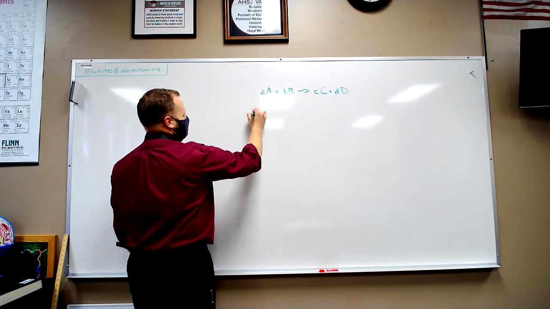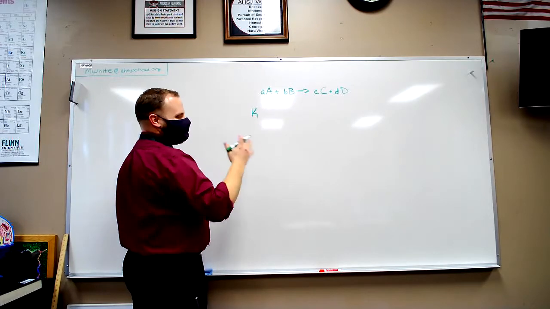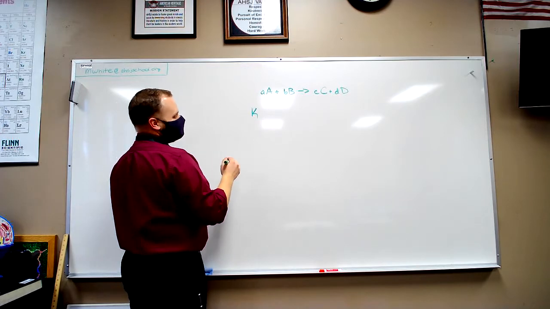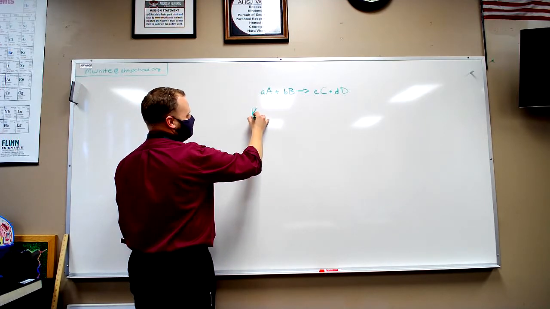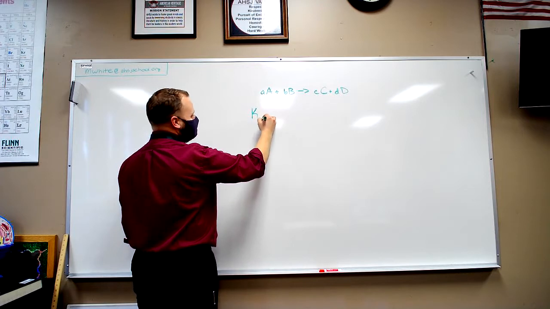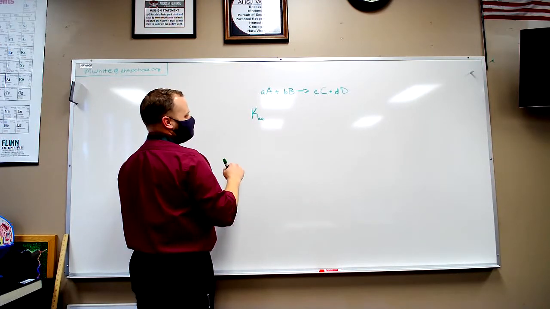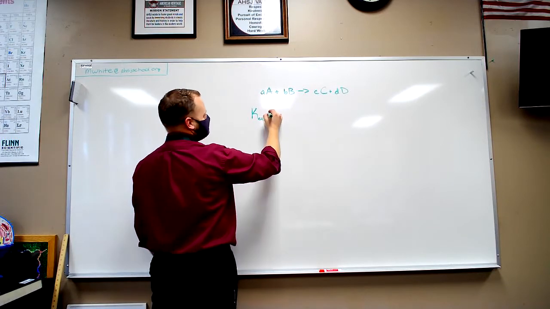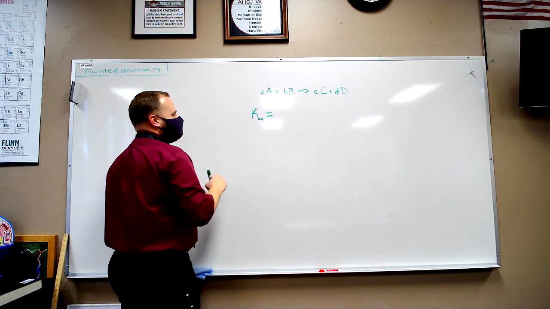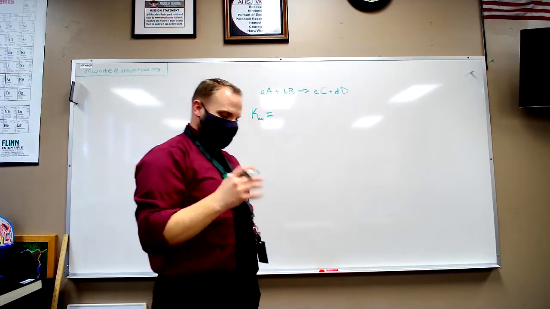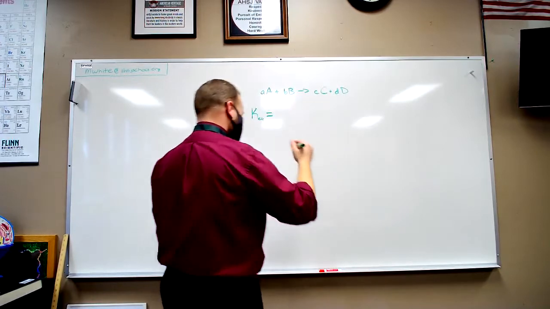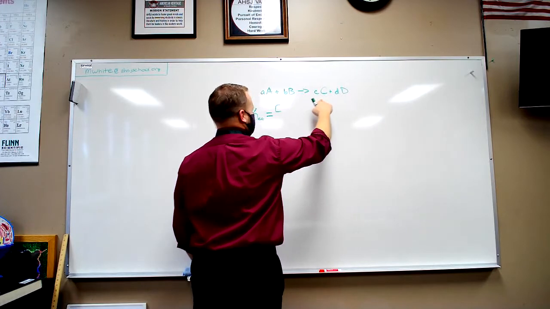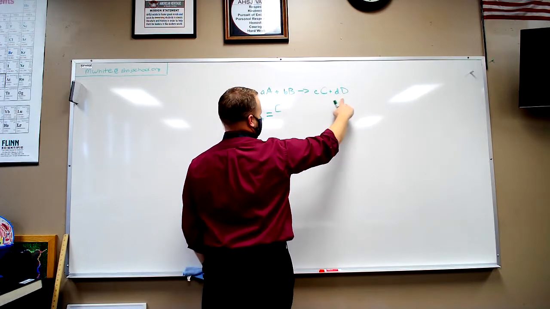So once again, we're going to use K. Remember, K can mean all sorts of different things. We just have to figure it out based off of some clues. Now, the clue here is that we write EQ in the subscript, which means you're dealing with an equilibrium constant. And the way we do it, we take the concentration of the products. Now, this is important. We put the products on the top.